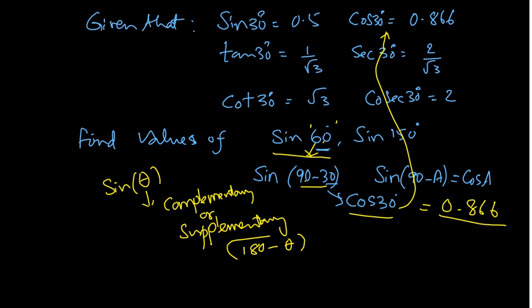So using that formula, I put this equal to cos 30 because this and this are the same. Why I put that? Because those values are given here. Okay, and so I got the answer as 0.86. Clear? Understood?